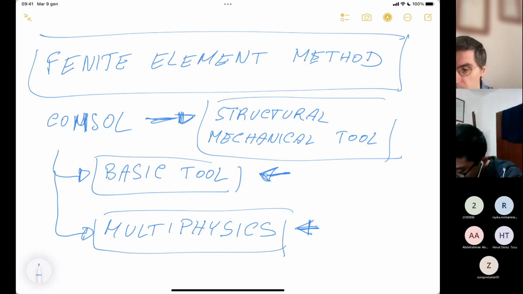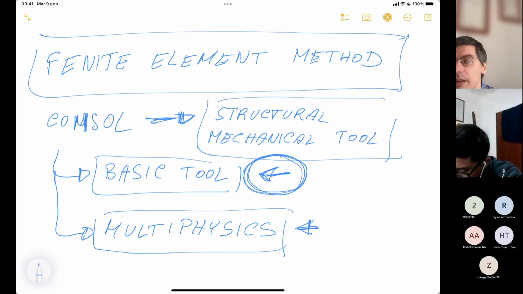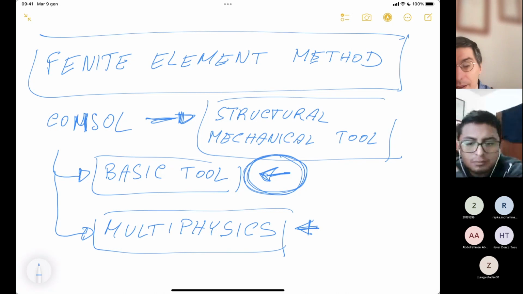I will show how to use this kind of stuff, even though I will concentrate mostly on this part, because using this part, I can explain to you what are the problems that are behind the numerical implementation of your model. What are the important things that you have to consider in order to obtain the results?